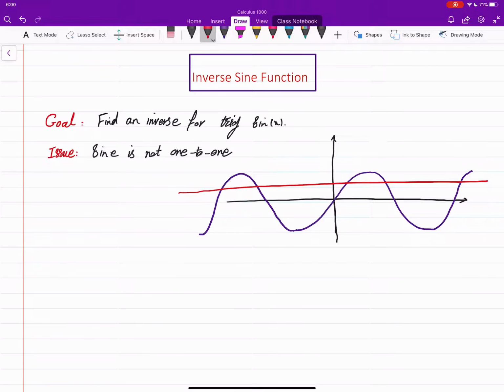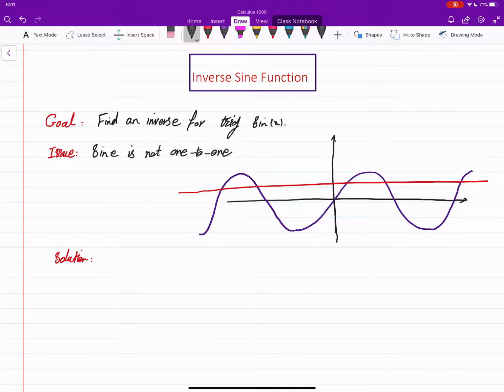So what should we do then? There is a very nice solution for this. Although the whole function is not one-to-one, we can just focus on a small piece of the domain, an interval on which the function is one-to-one.